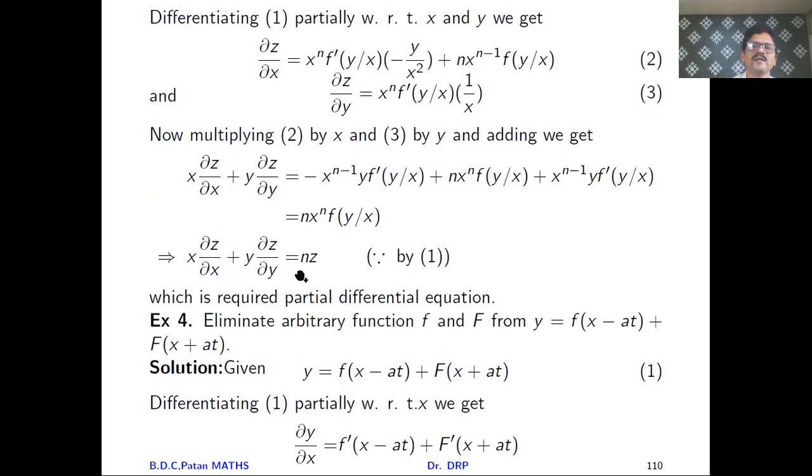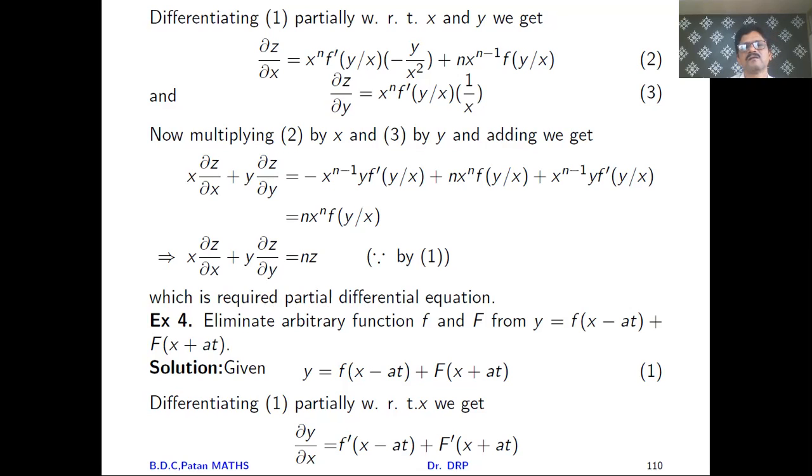So we have obtained here the equation. In that equation, f is not present, means we have eliminated f, means this obtained equation is what we call the required partial differential equation by the elimination of the arbitrary function f from it.